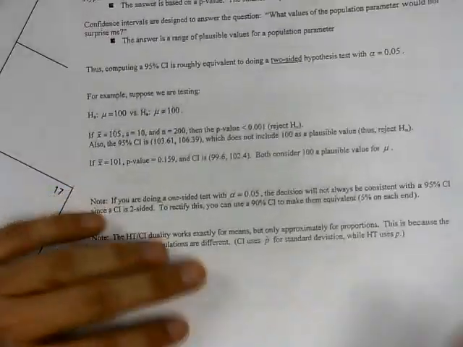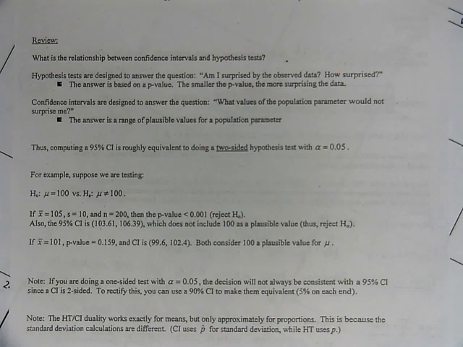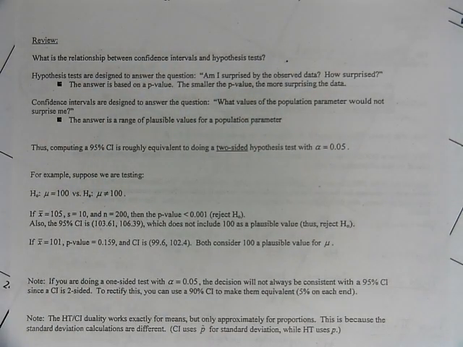Okay, the last thing is, chapter 9 was all about confidence intervals. Chapter 10 is all about hypothesis tests. They are related to each other. So this is how they're related. Again, multiple choice questions. Hypothesis tests are designed to answer the question, am I surprised by the observed data?